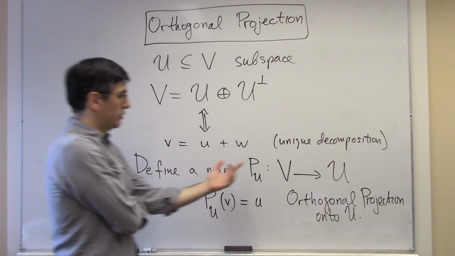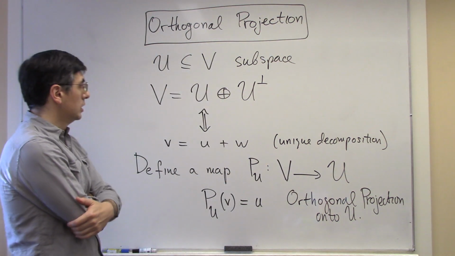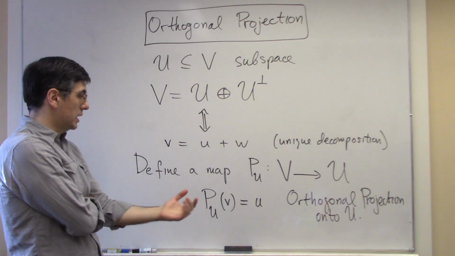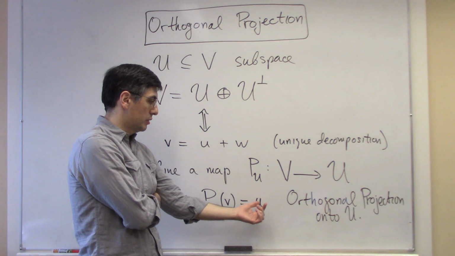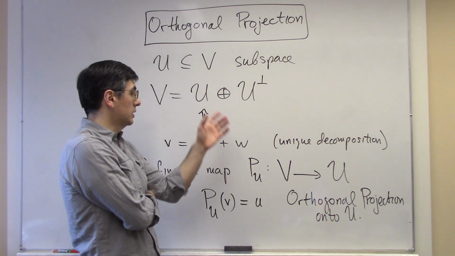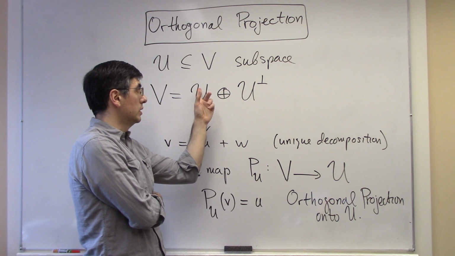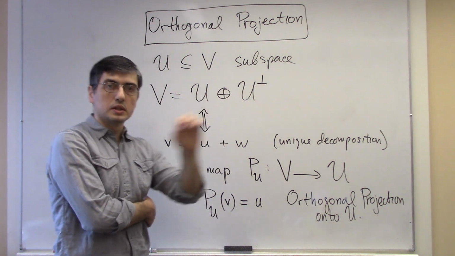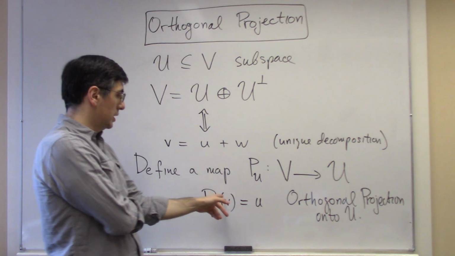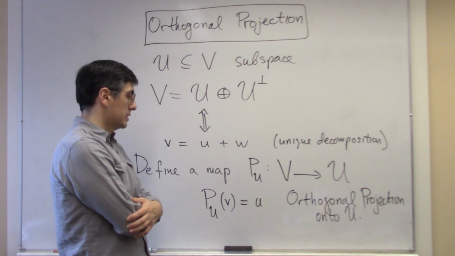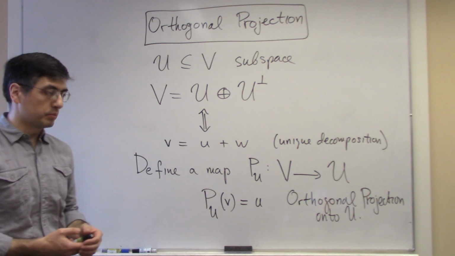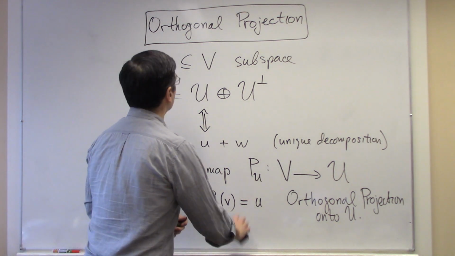So we have a map from V to U, and we want to understand what is the significance of this u. And it will turn out that this u is actually the vector in U which has the shortest distance to a given v. So that's the solution of the problem that I stated.